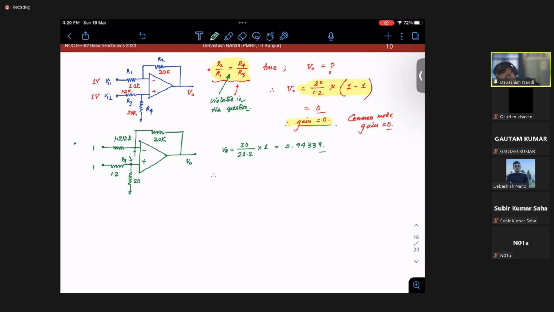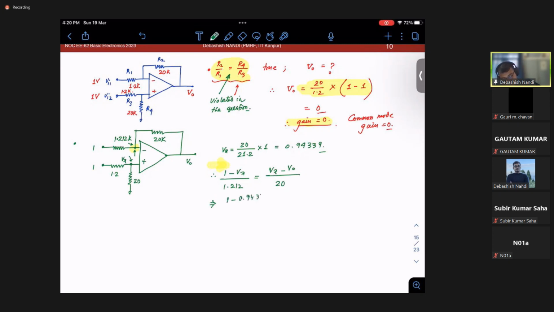So 1 minus Vx over 1.212 is Vx minus V naught over 20, right? So if you substitute Vx, 1 minus 0.94339 over 1.212 equals 0.94339 minus V naught over 20.